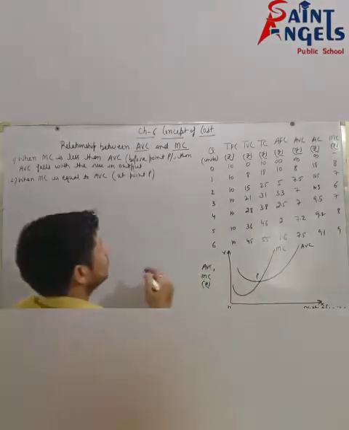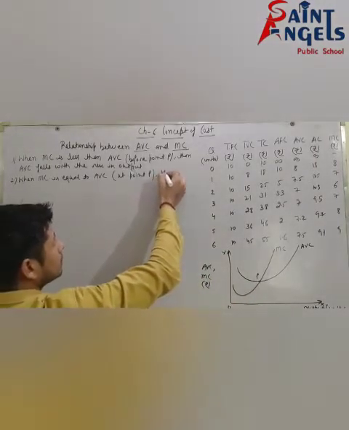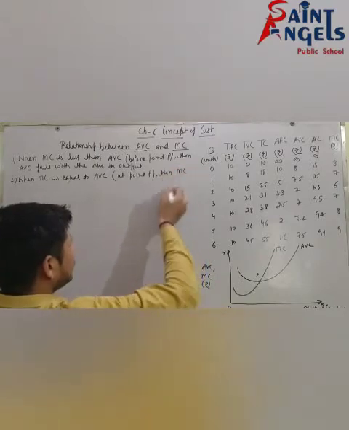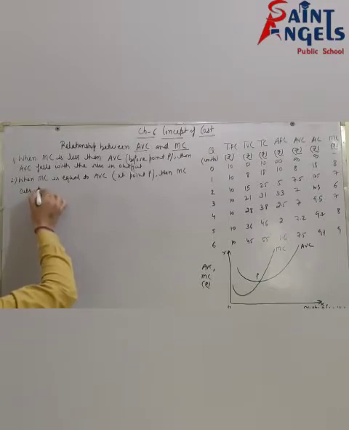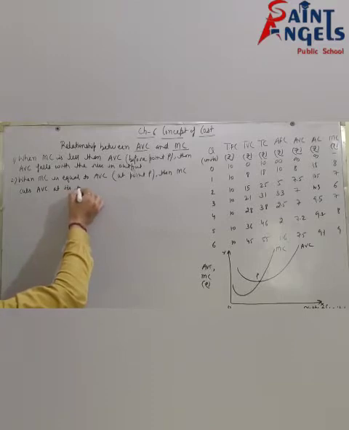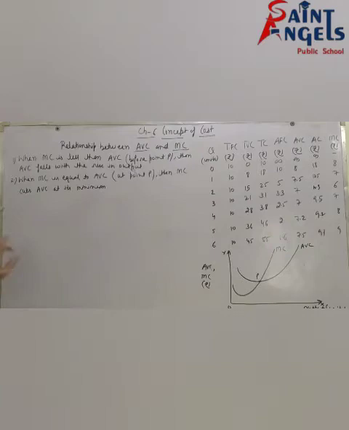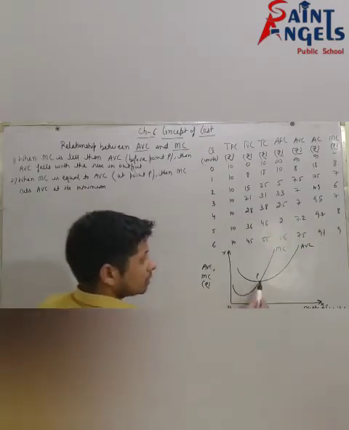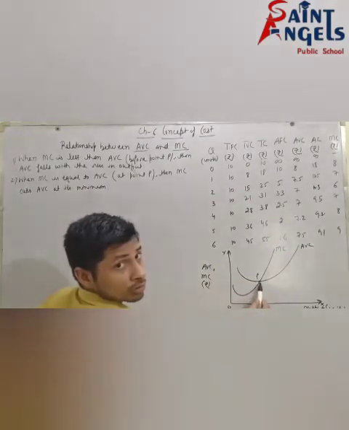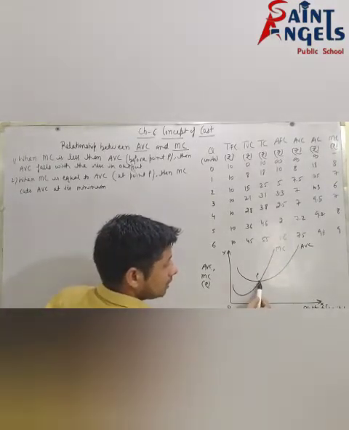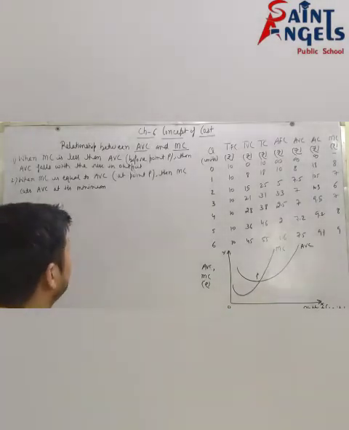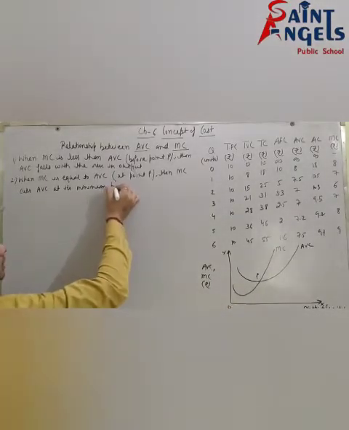Then MC cuts AVC at its minimum point. When MC is equal to AVC, then MC cuts AVC at its minimum point. So I hope this point is clear.